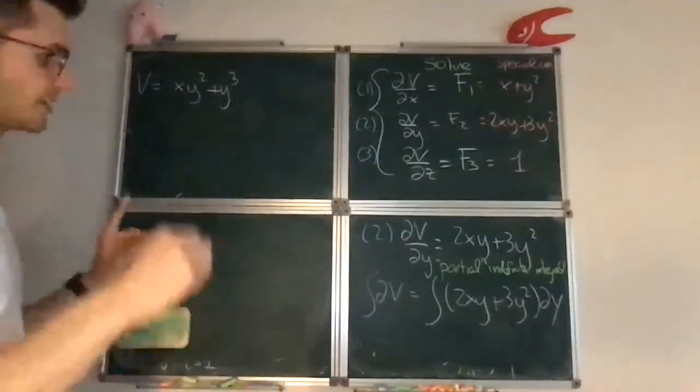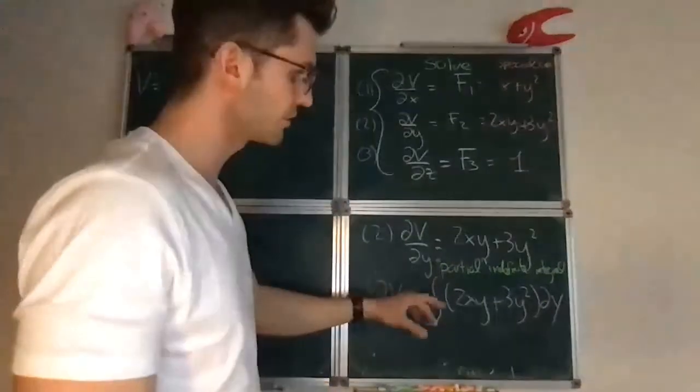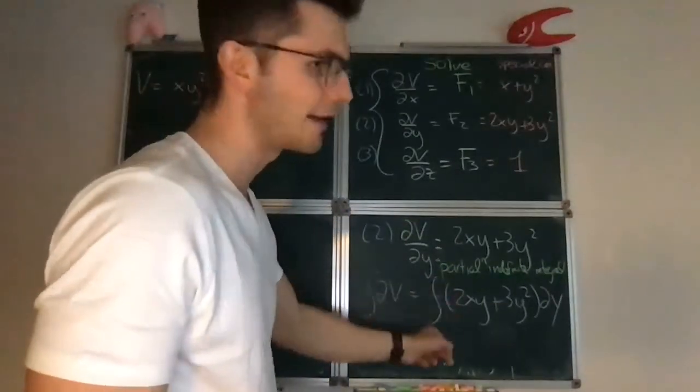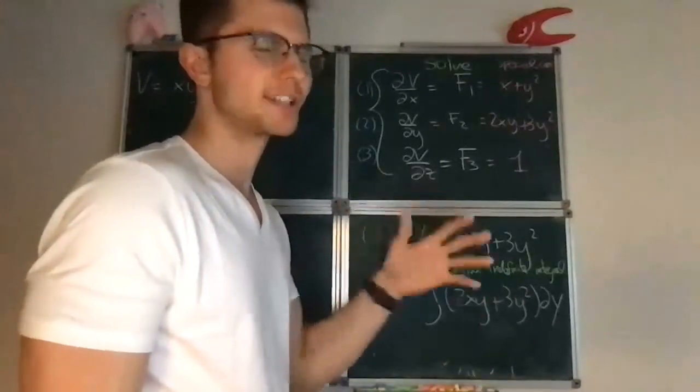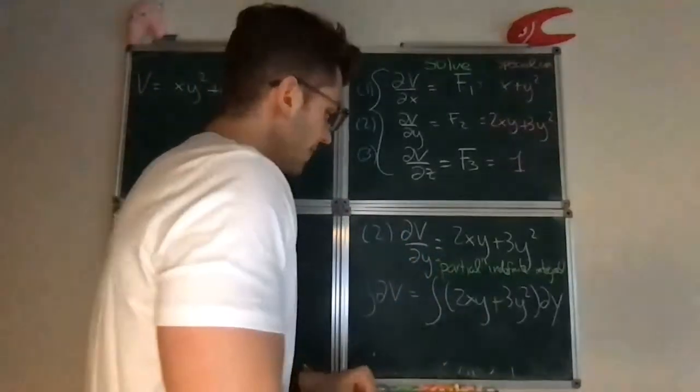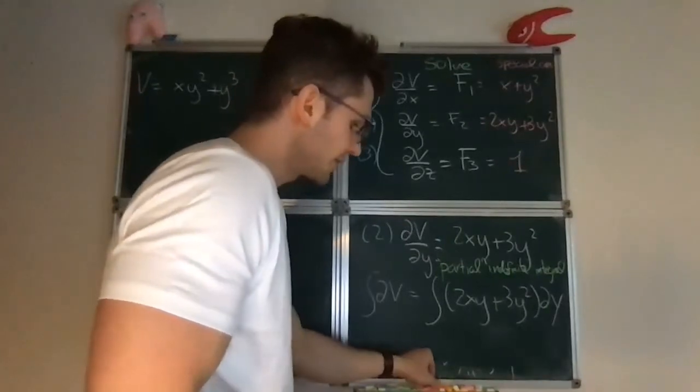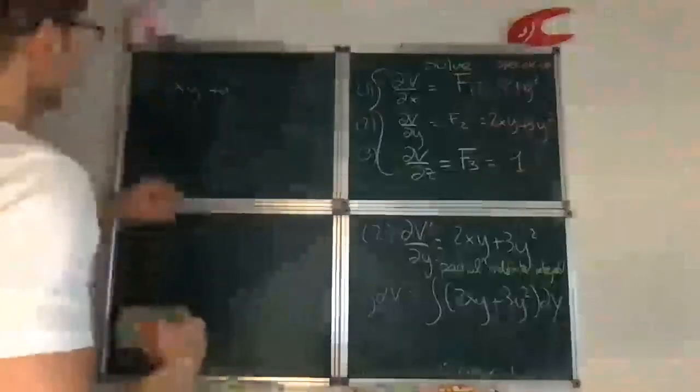And here comes the main difference. Before with double integrals or triple integrals, we always had bounds here, so we never really bothered about what the constant of integration should be. But now we do want to put a constant of integration, right?